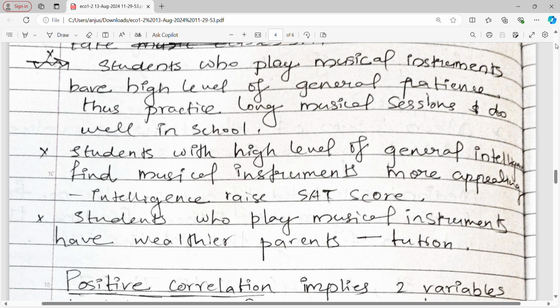Second, students with a high level of general intelligence find musical instruments more appealing. Intelligence raises SAT score. Third, students who play musical instruments have wealthier parents, so they can afford tuition classes. These are the three chances.